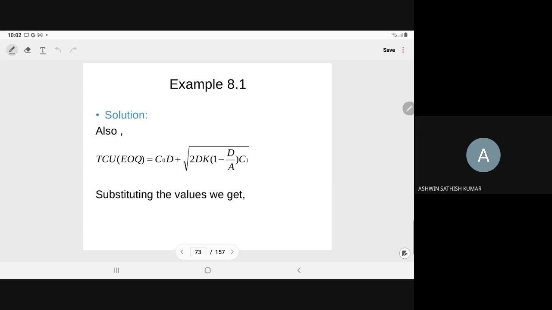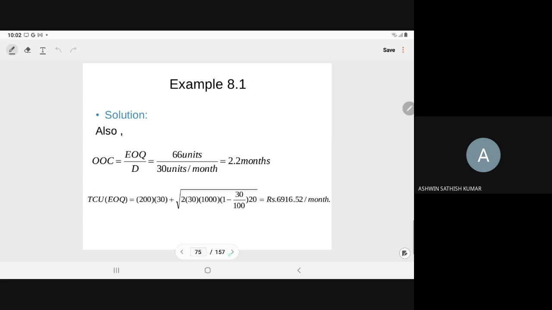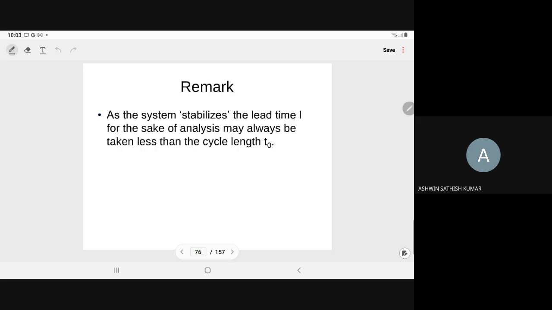So when we substitute the values of K, D, C1, C naught, you will get the EOQ as 66 units. That's simple, you can do the calculation. And OOC or T naught will come 66 upon 30, that is 2.2 months. And TCU is equal to 6916.52. So this is of model 1.